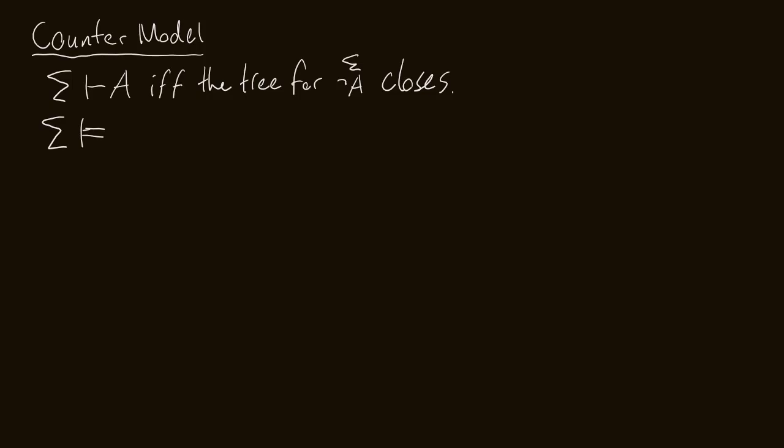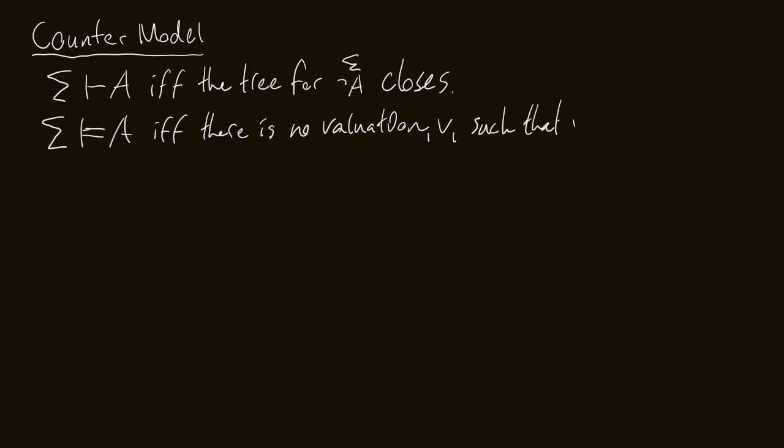So sigma semantically entails A if and only if there is no interpretation, or maybe I should say valuation. Let's say there is no valuation V such that V of sigma equals 1, and V of A equals 0.